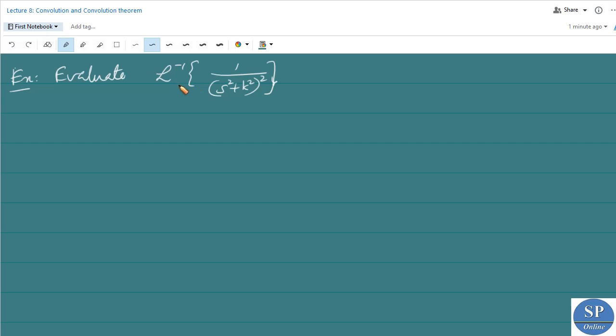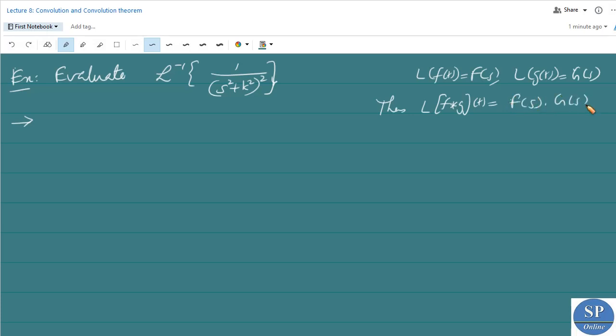Evaluate the inverse Laplace transform of 1 by (s square plus k square) whole square. So here we can use the convolution theorem. We know the convolution theorem: if L of f of t equals F of s and L of g of t equals G of s, then L of f star g is equal to F of s into G of s.